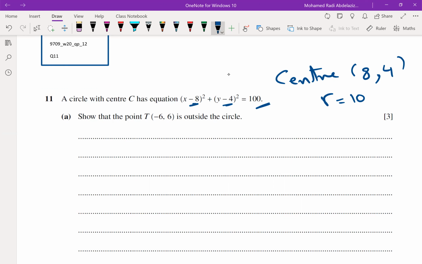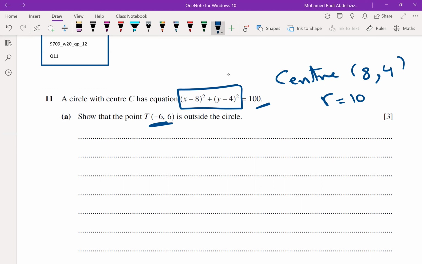Part A, show that the point T, -6 and 6, is outside of the circle. If we substitute the values of the point in the equation of the circle, to be inside the circle, this part has to be less than 100.